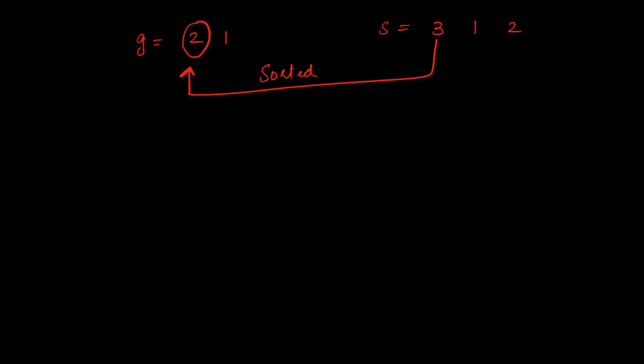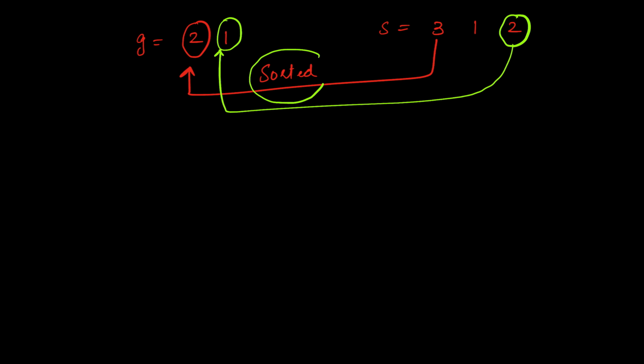The same could be said if we assign the cookie size 2 to a kid whose greed factor is 1. This is not efficient and we may not be able to content the maximum number of children. So to be able to cater to the maximum number of children, we need to first sort the input arrays and make sure they are in ascending order before running the loop and comparing the cookie size with the children's greed factor.